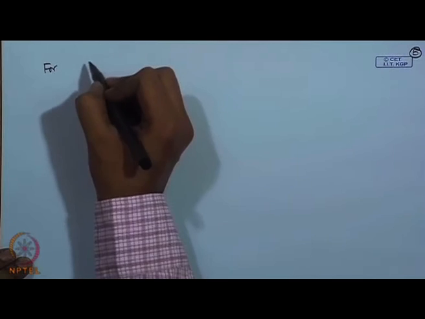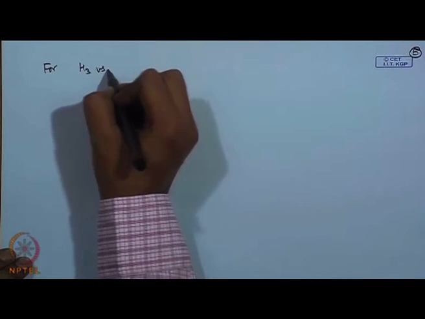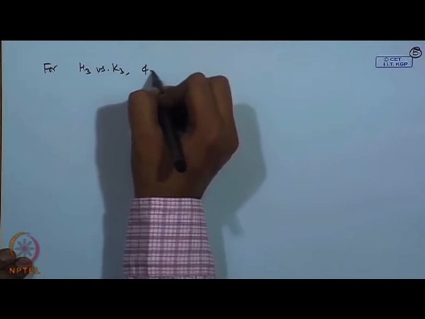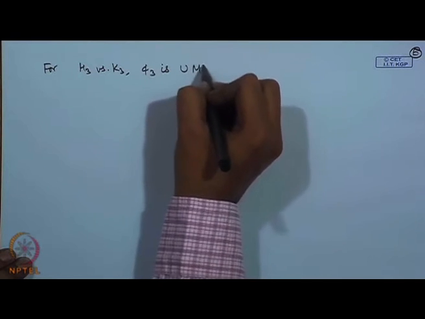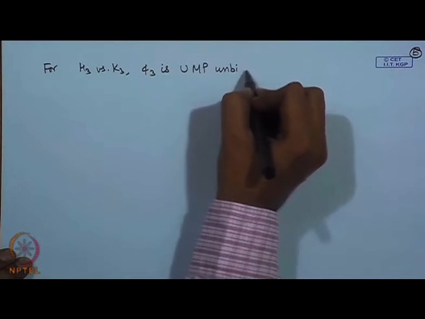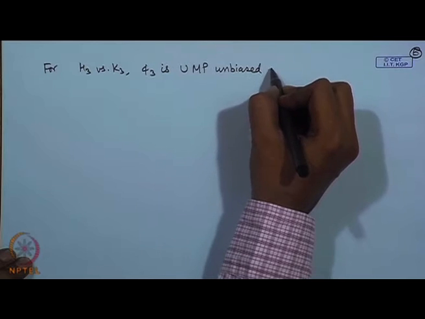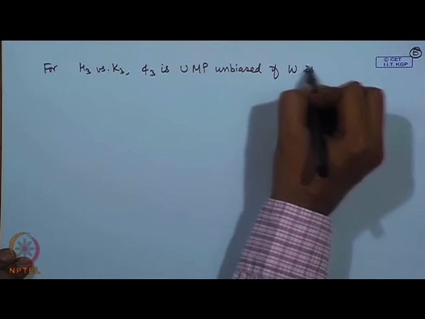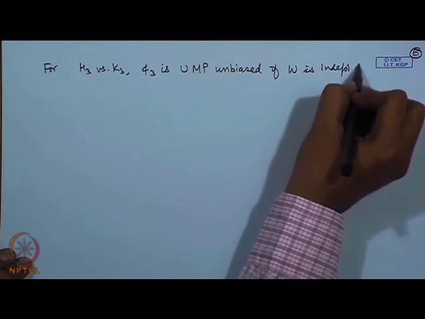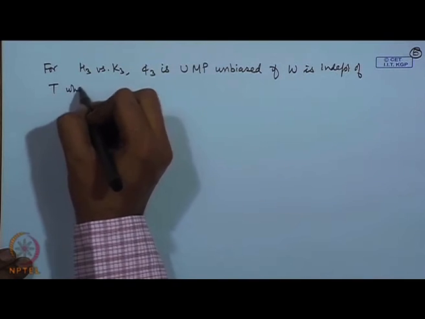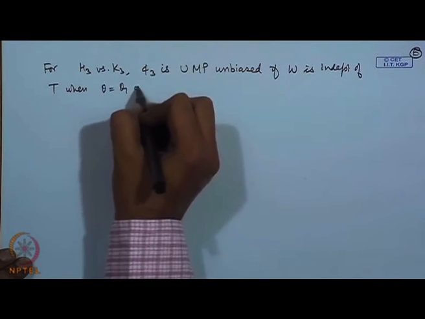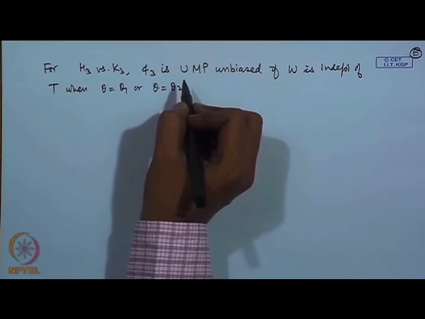For H3 versus K3, phi 3 is UMP unbiased if W is independent of t when theta is equal to theta 1 or theta is equal to theta 2.